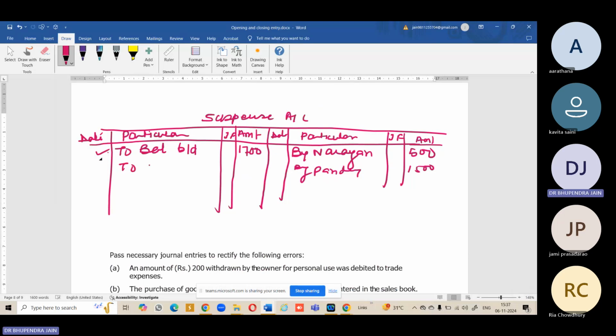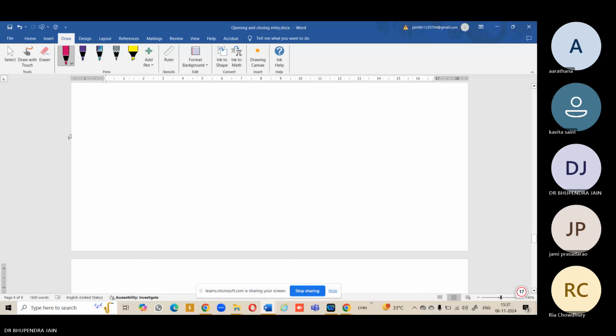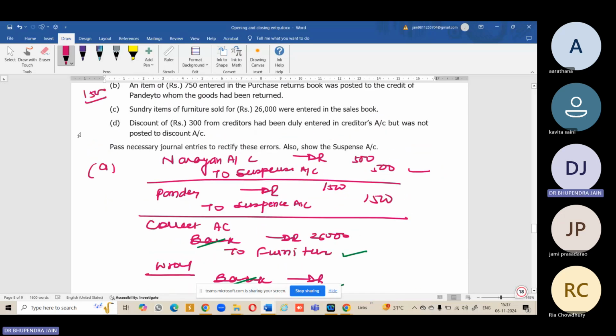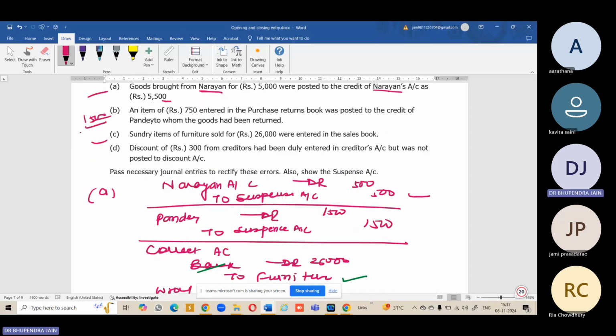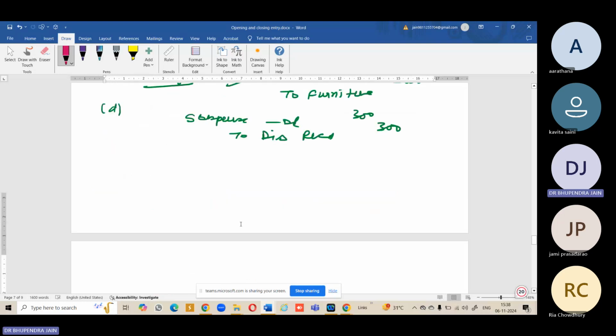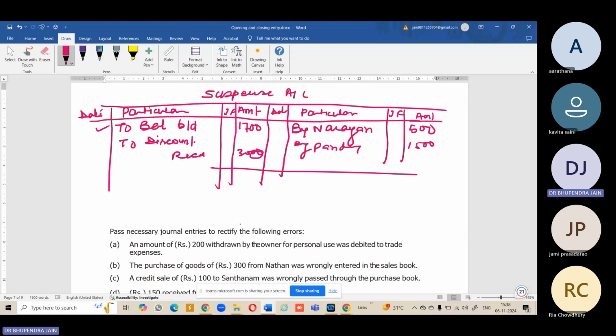So what was the name here? Discount received. Not only 300. Done. First, second, 3, 4. Now make the total of discount.